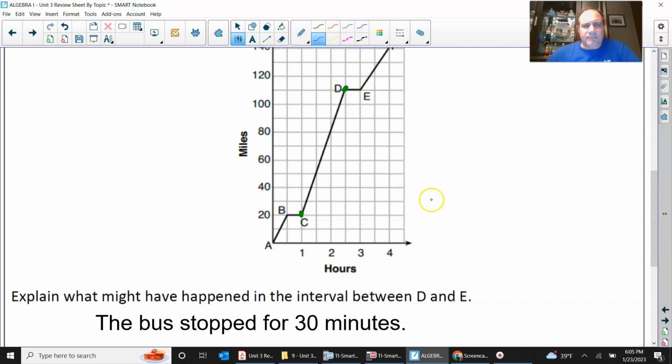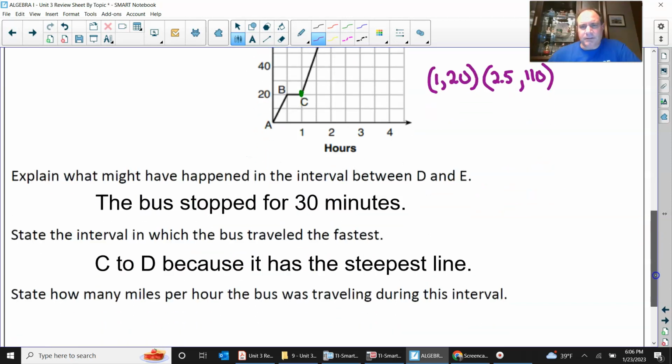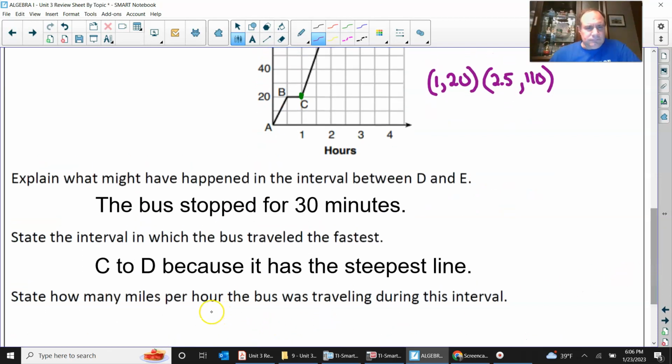At that point it's 1, 120. And at this point right here, that is 2.5, 110.